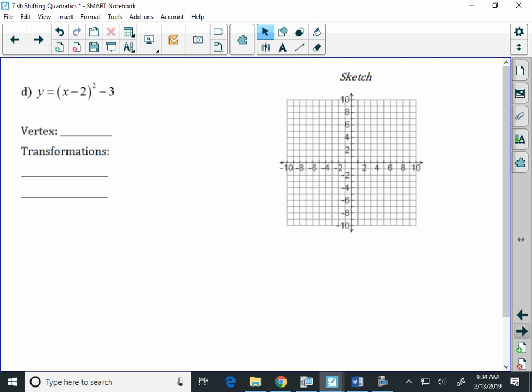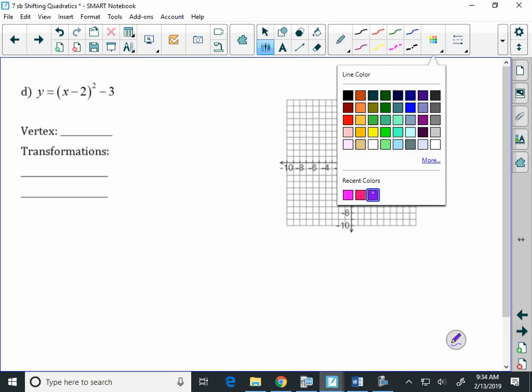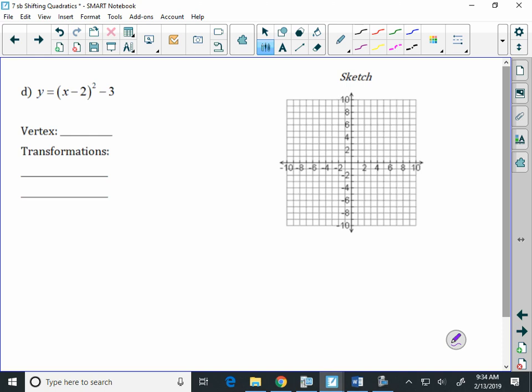If we look at letter D, once again, we want to come up with the vertex. Change the sign, keep the sign. Change the sign, keep the sign. Knowing that pattern helps us to identify whether we move right, down, up, or left. And we actually did move right 2 spaces, and we moved down 3 spaces.